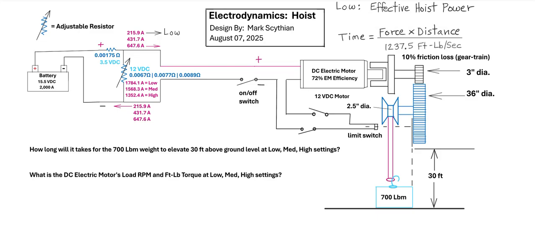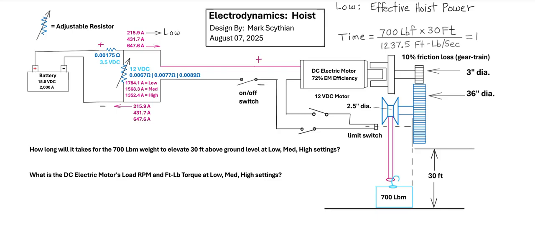So then we can just place the low power effective hoist setting at the denominator, and then replace the force with the tension the hoist unit rope or line applies to lift the 700-pound mass. So this becomes a force tension of 700 pounds lbf times 30 feet distance.